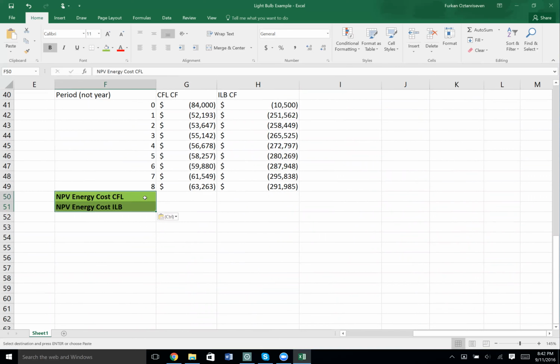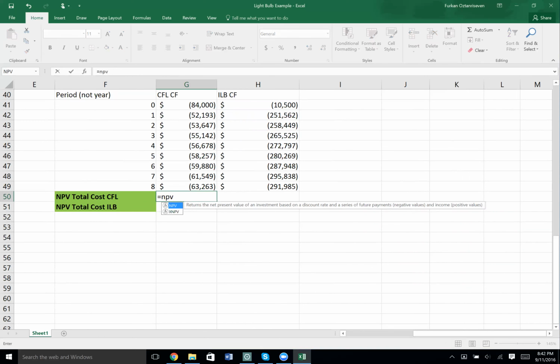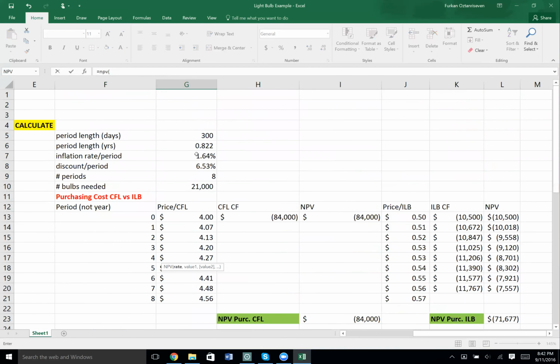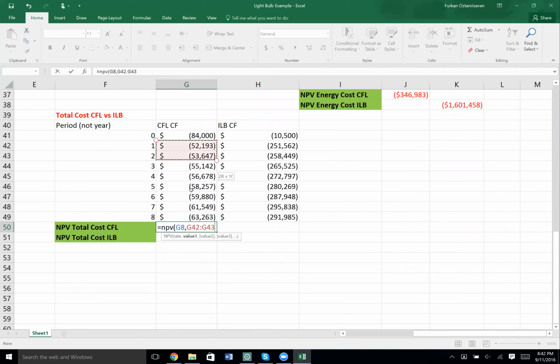Not energy, this is total cost. So, which is NPV, our discount rate, comma, all the cash flows, not including 0, as you remember. But then we need to add the 0 at the end, not in the NPV function.